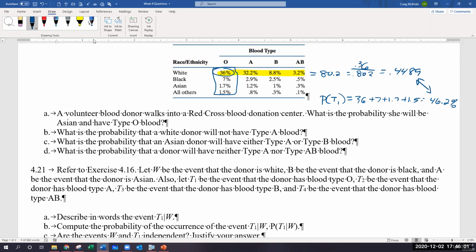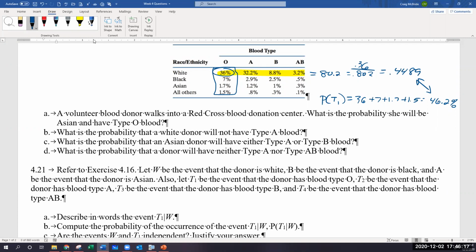Gotcha. So then are the events W and T1 mutually exclusive? They're not mutually exclusive. Very good. And why is that? Well, I knew you were going to ask me that.